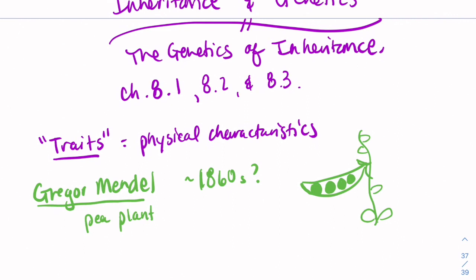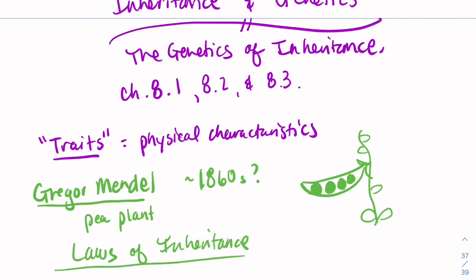You said scientific law, you got it. Gregor Mendel made observations, which are scientific laws, and we call these observations that he observed through his experiments the laws of inheritance.